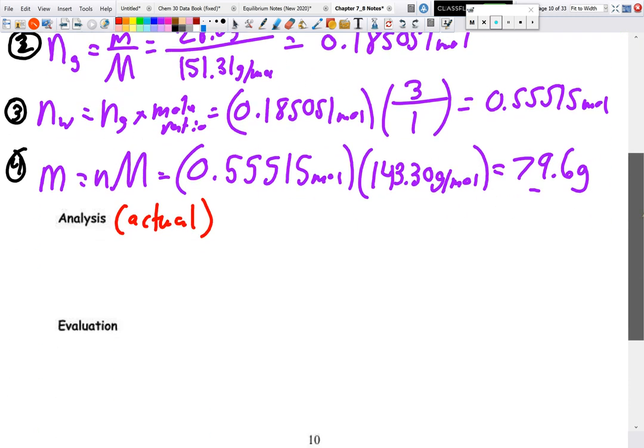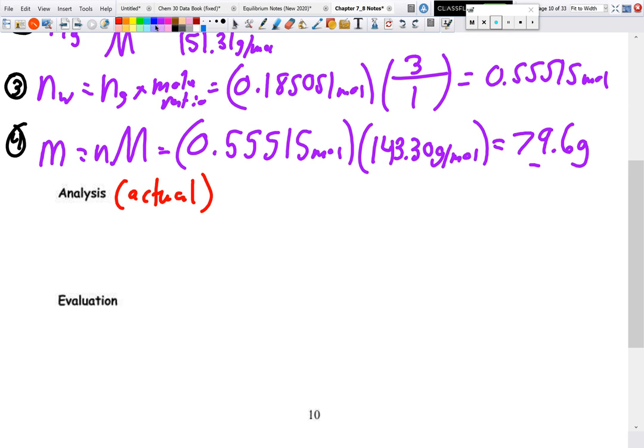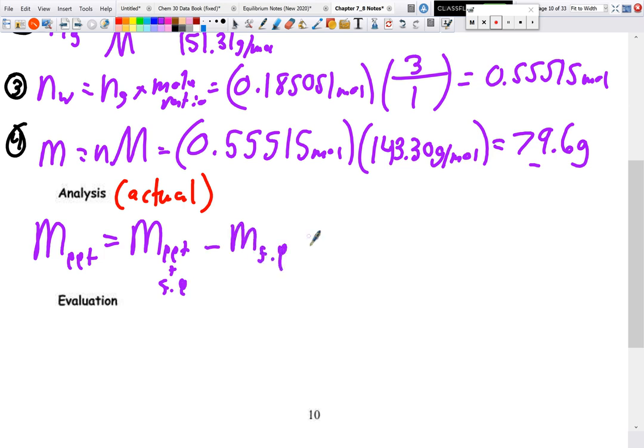There's not really a formula for this, but if we really want to, the mass of our precipitate, PPT, is equal to the mass of the precipitate plus the filter paper minus the mass of the filter paper, right?